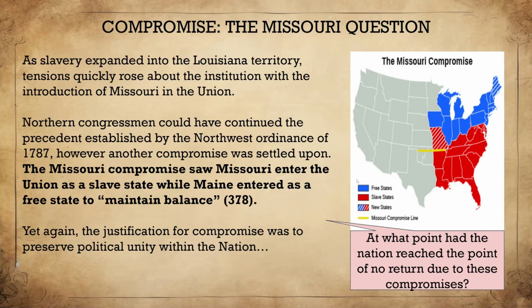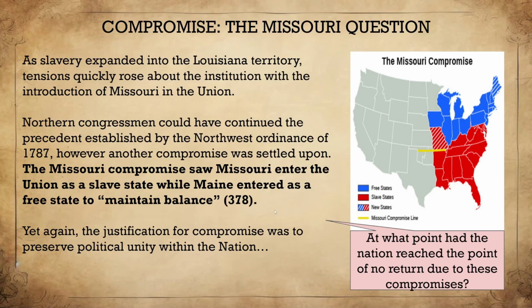Now, when Missouri is wanting to enter into the Union, they clearly want to be a slave state. I'm on page 378 here. And if you read 378 through 379, you will see that Missouri settlers have already entered the state and they own slaves already. And now the issue is brought back up.